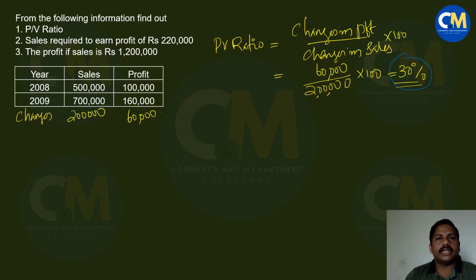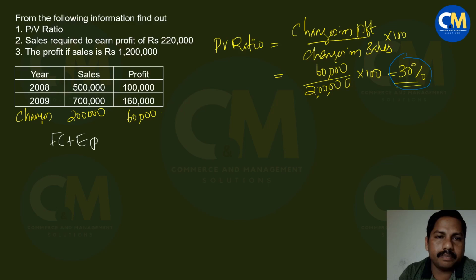Then we want to calculate the sales required to earn a profit of rupees 2,20,000. To work that out, we can use the formula for sales required to earn a desired level of profit: fixed cost plus expected profit divided by PV ratio.